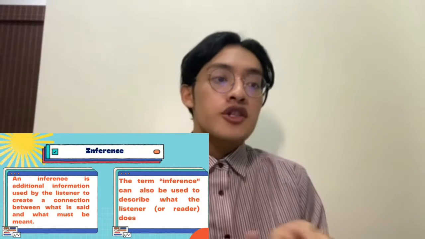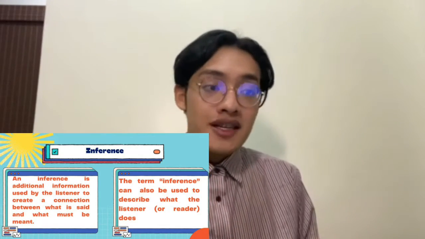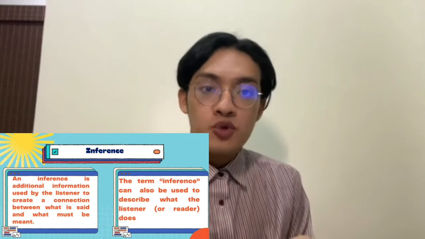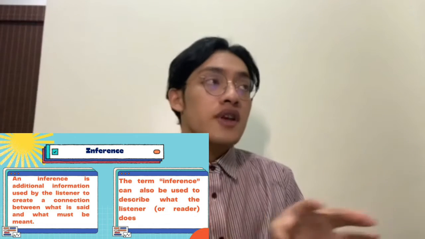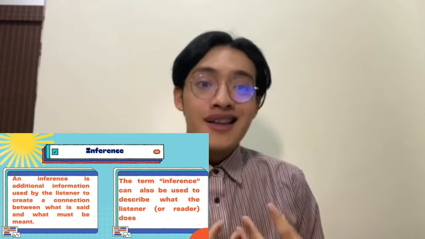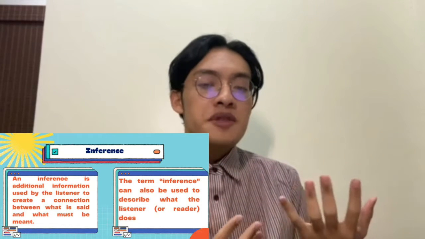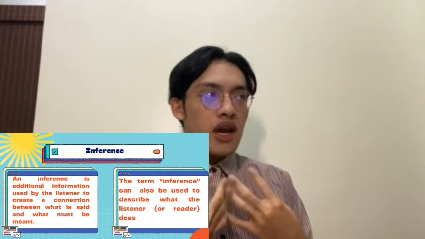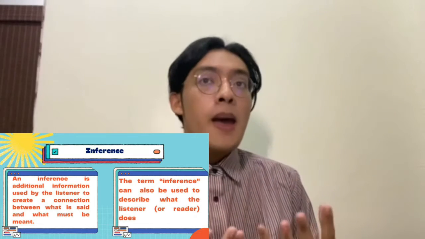Under reference, there is inference. Inference is the additional information used by the listener to create a connection between what is said and what must be meant. For example, if I say that I want to borrow your Toyota, you must be thinking, you want to borrow my Toyota, which means that I want to borrow your car.